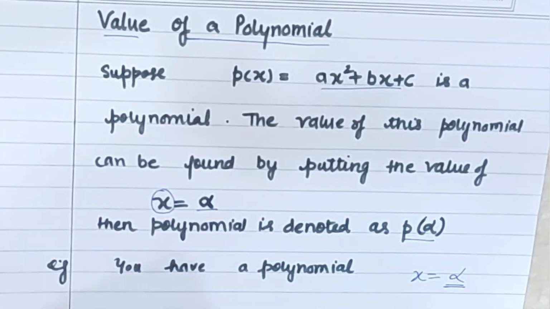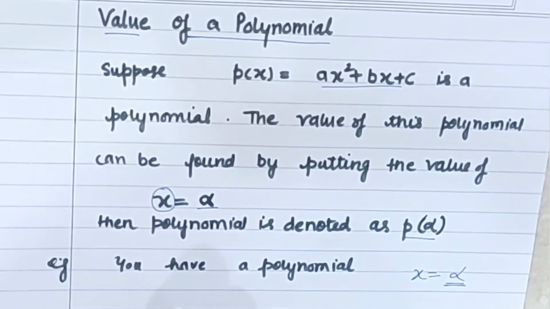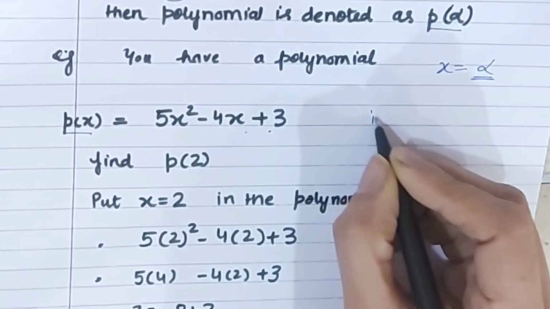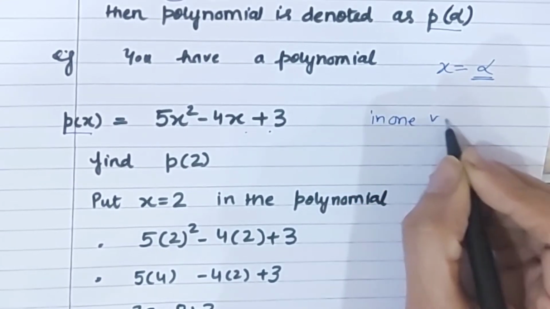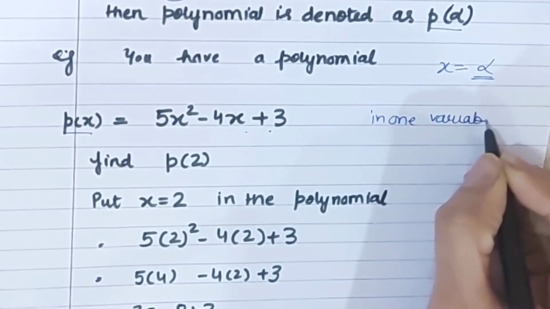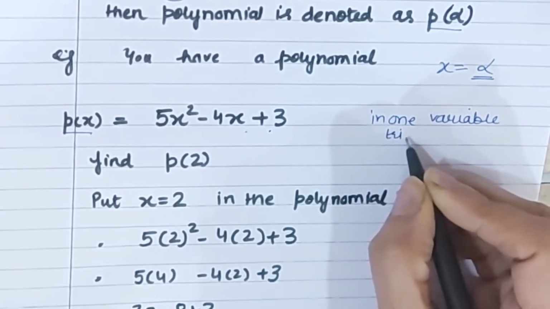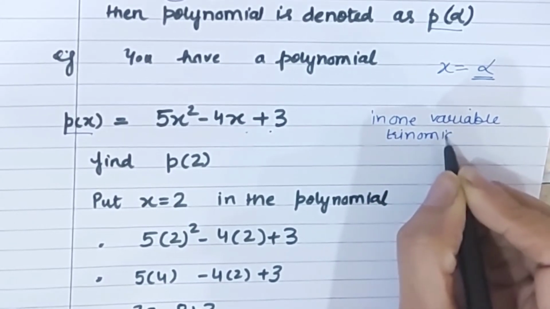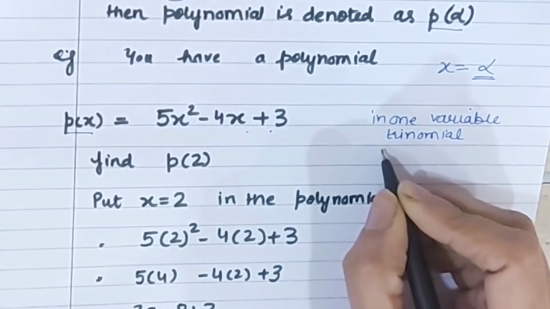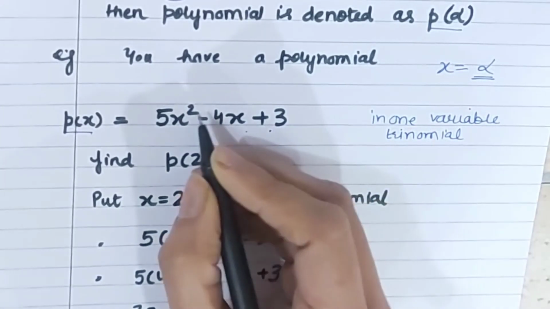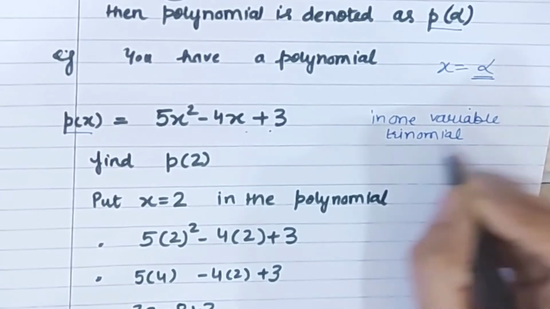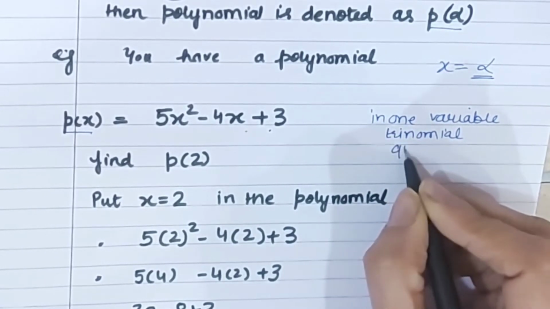Suppose we take an example like p(x) is equal to 5x square minus 4x plus 3. This is a polynomial in one variable, right? And it's a trinomial because it has three terms, and also it's a quadratic polynomial because the degree of the polynomial is 2.